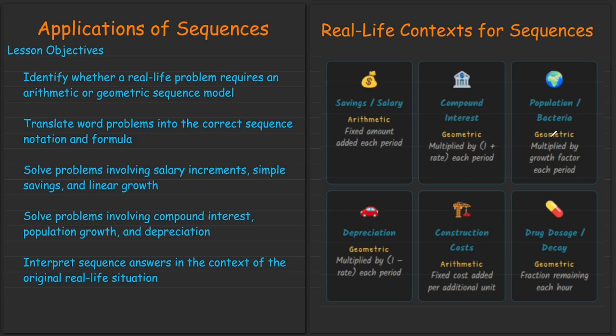Now, in population growth, that of bacteria and what have you, since the bacteria grow at a faster rate or by a factor, we say it's a geometric sequence. When it comes to business, when you are depreciating or appreciating, it does so geometrically and not linearly.